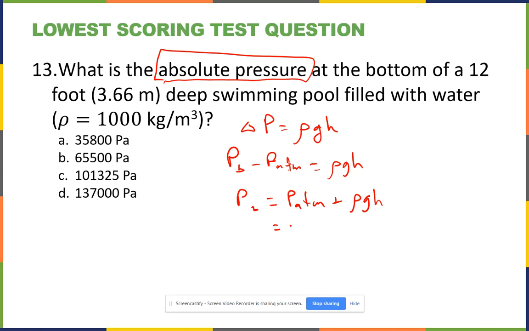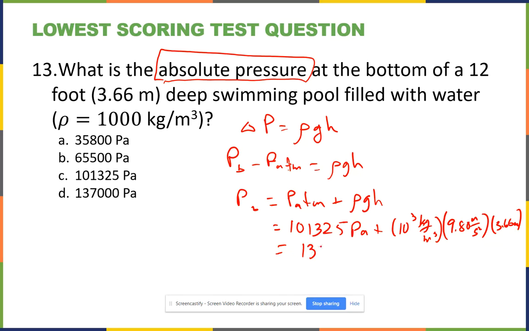And then you just put in your numbers. It's like 13.7, and then it's like 190 or 210 or something like that. But we only have 3 sig figs. So that was how that one went.